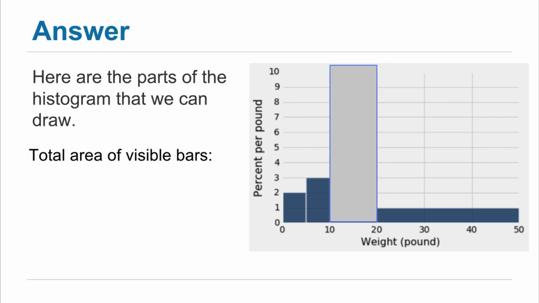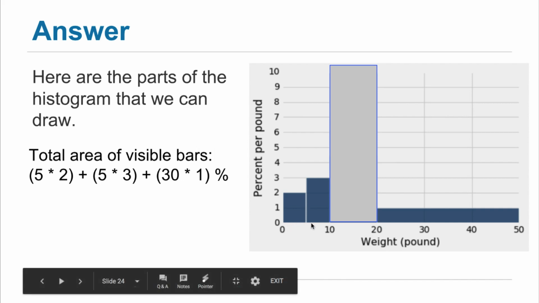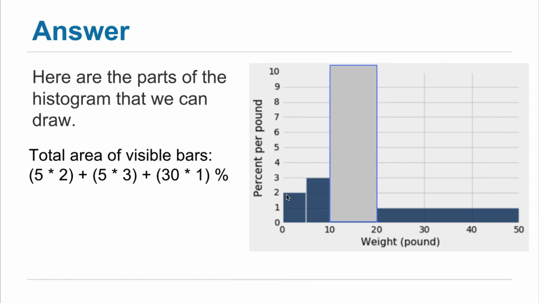The height of the bar is 2% per pound, and the width is 5 pounds, 0 to 5. So 5 pounds times 2% per pound, and there's your area. Width times height.